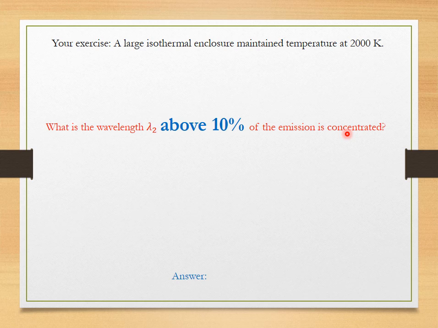Do not worry, because sir also provides the final answer, which is lambda 2 equal to 4.69 micrometer. If you find that your answer is not the same as this one and you feel that yours is correct, you may put it in the comment, so that we can try to figure out what the actual answer is.